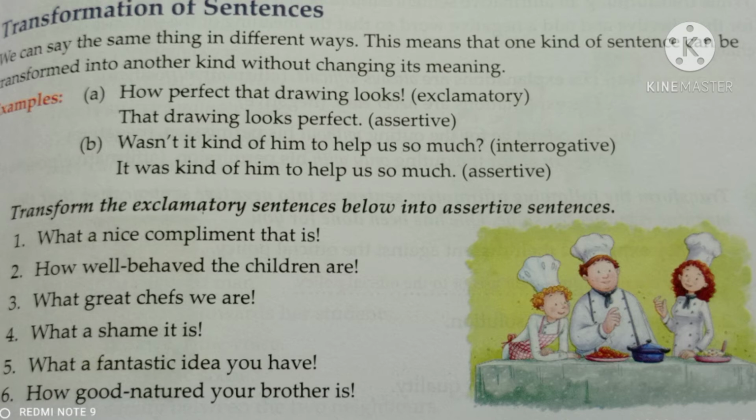That is an assertive sentence. For the next example, wasn't it kind of him to help us so much, that is interrogative. But when we transform it, it will be: it was kind of him to help us so much, that is assertive. Okay, so you got how we transformed.